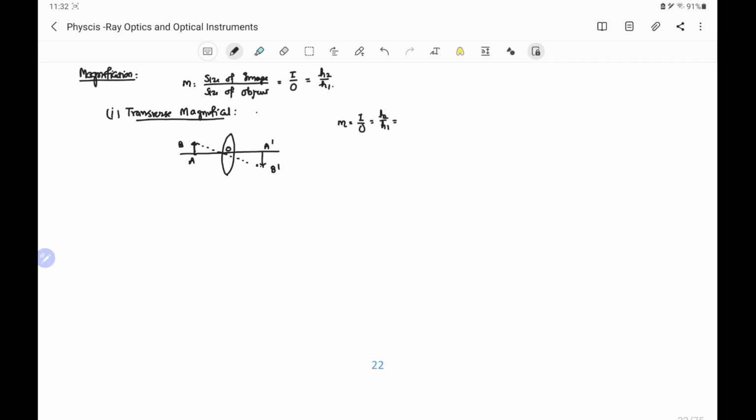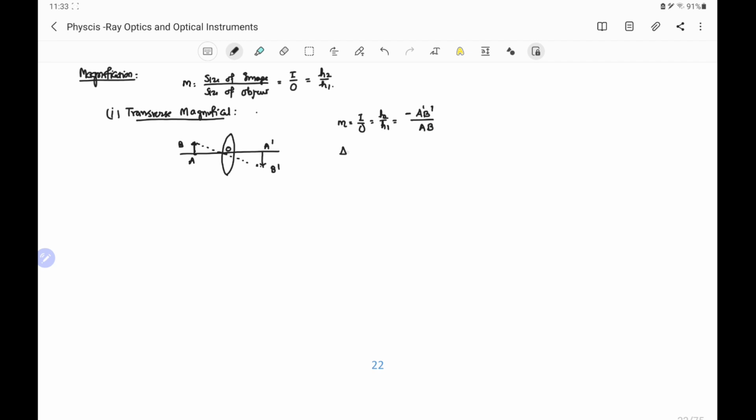Here H2 refers to the length of the image A dash B dash. Because this is the inverted image, we will take its sign as minus as per sign convention. So it will be minus A dash B dash divided by the size of the object, which is AB, it is upward erected, therefore it is taken positive.